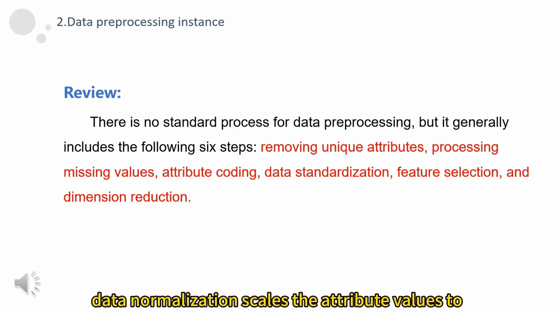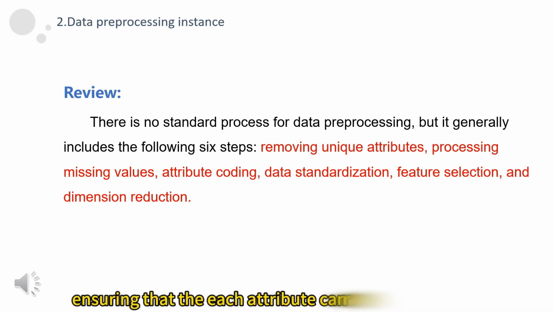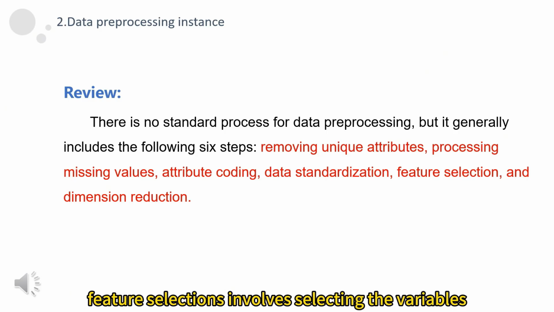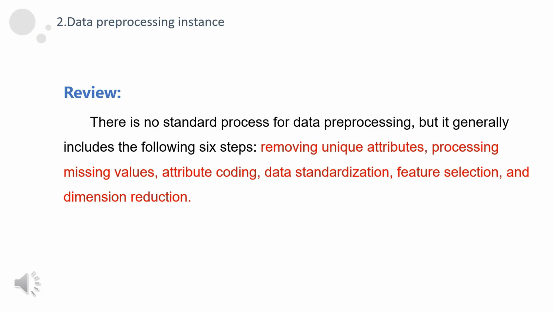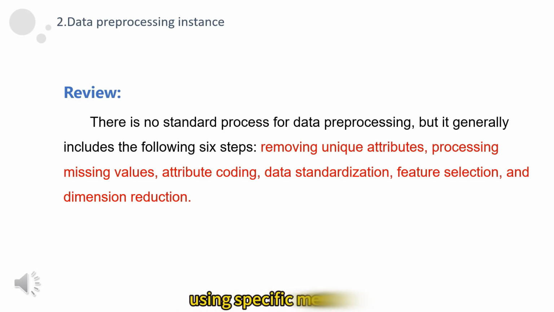Data normalization scales the attribute values to a unified range, ensuring that each attribute carries equal weight. Feature selection involves selecting the variables that are useful for the model's predictions using specific methods.